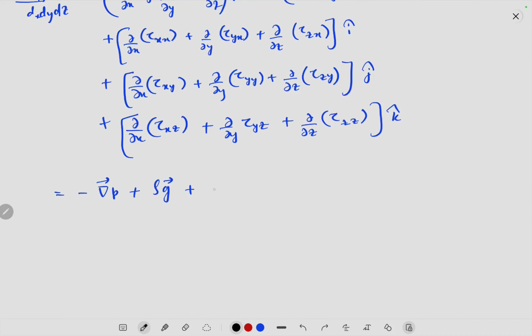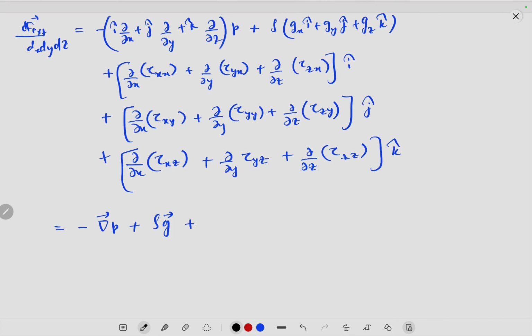If you think carefully, then I can write this in terms of the matrix. Alright, since this is not the matrix, I should not write it in terms of the matrix. So this is the divergence of tau ij.